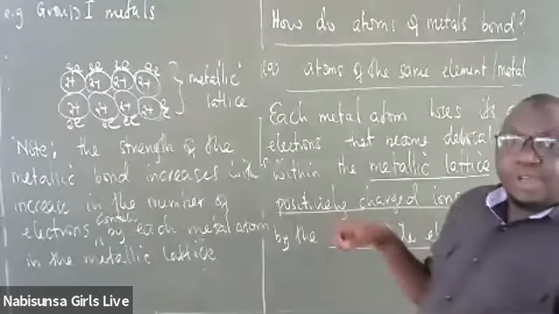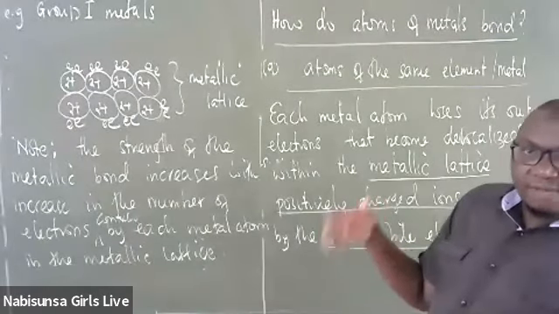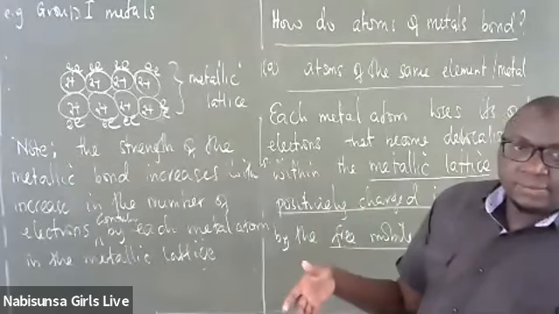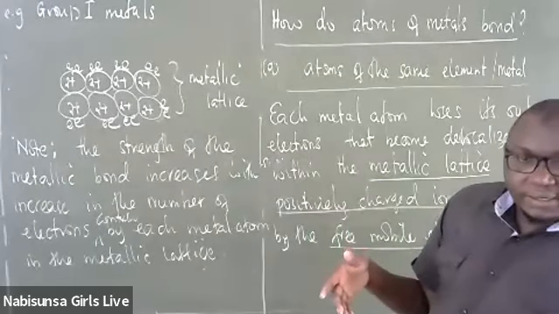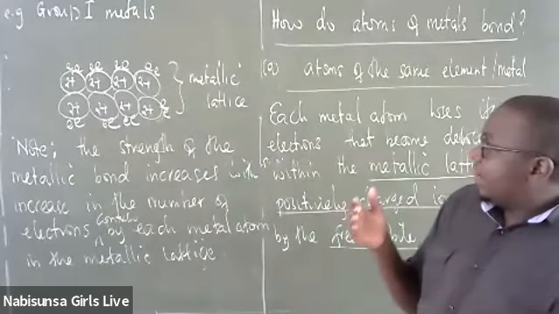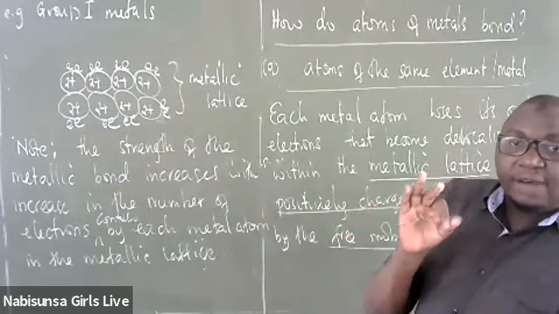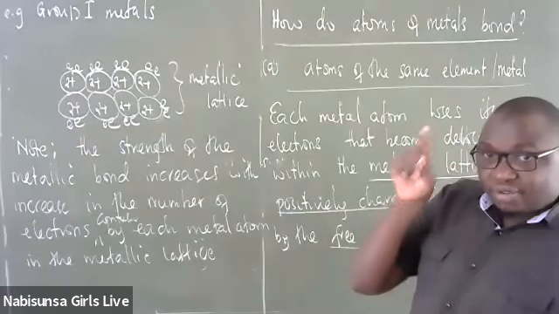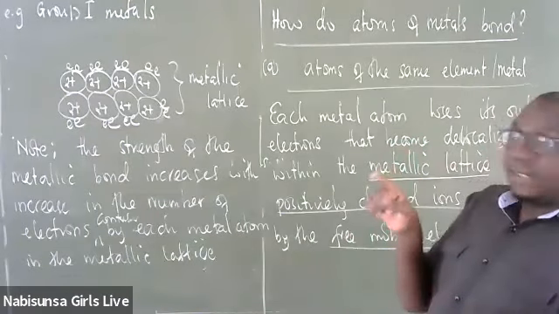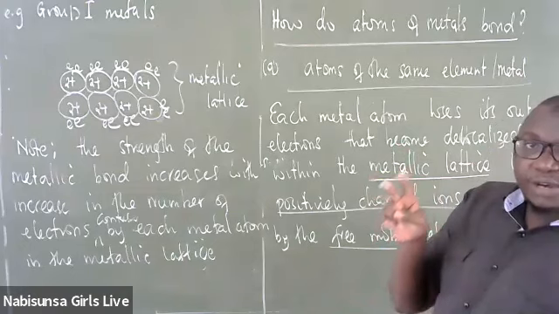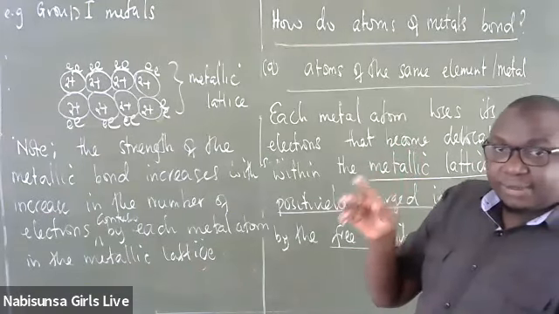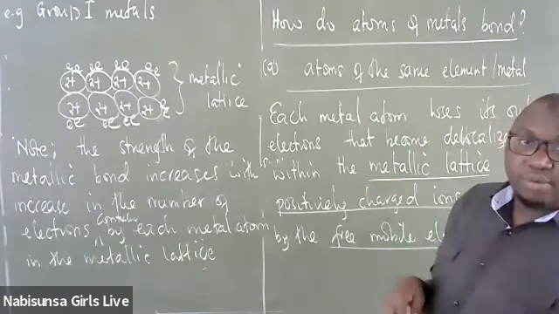Meaning that which metals are going to have stronger metallic bonds? You're going to find out that group 3 metals form stronger metallic bonds than group 2, and group 2 form stronger metallic bonds than group 1.